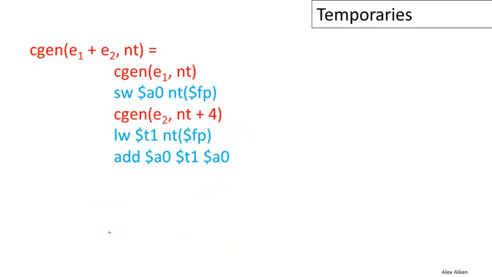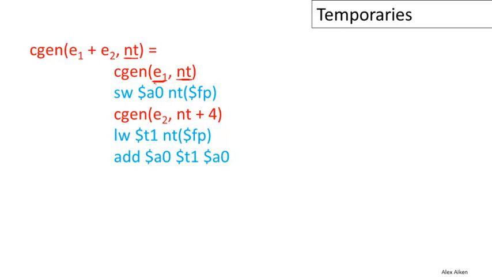Now under the new scheme, code generation is going to take a second argument saying what is the position of the next available temporary. So what is the position of the next unused temporary inside of the activation record. And so now we generate code for E1, and we pass along the argument, because E1 may itself have some temporaries that it needs to store.